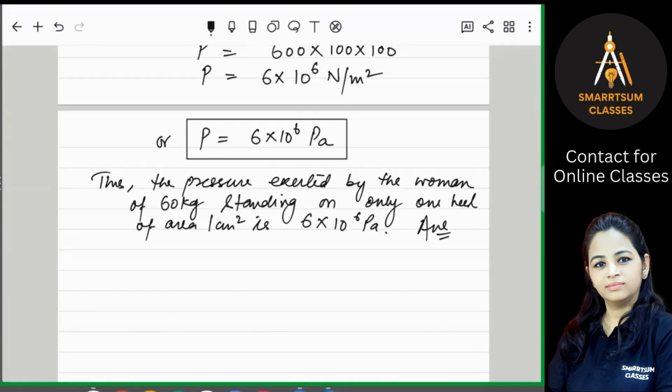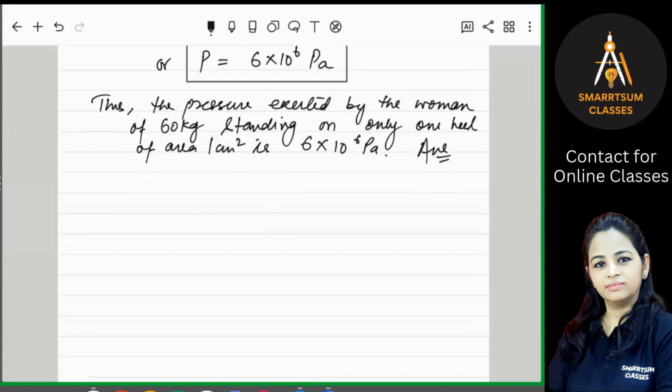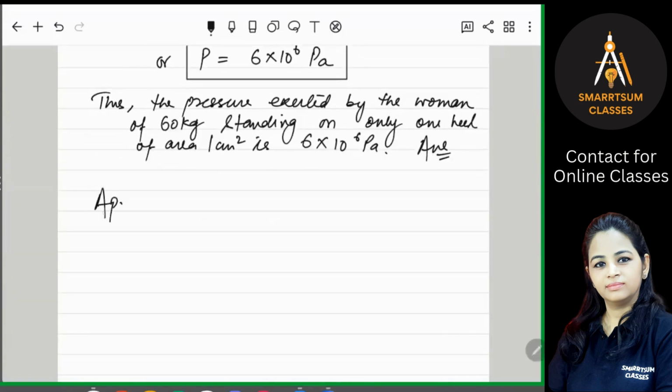We can have more applications, right? Applications of pressure. So you can write down a few applications of pressure.